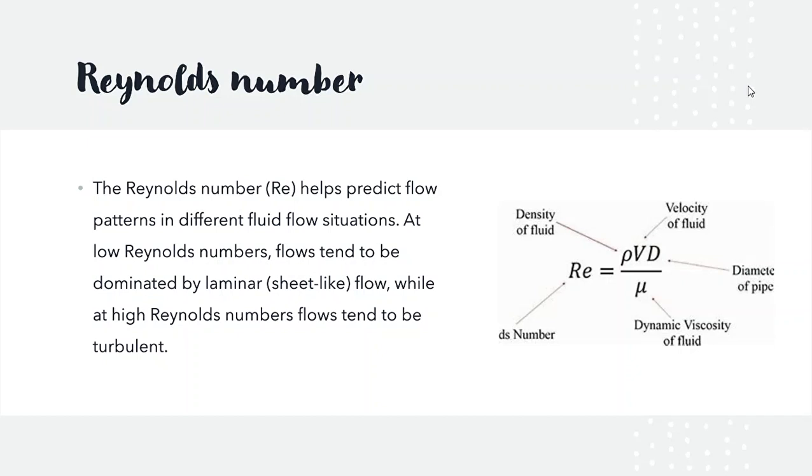Reynolds said that the ratio of inertial forces to the viscous forces is known as the Reynolds number.